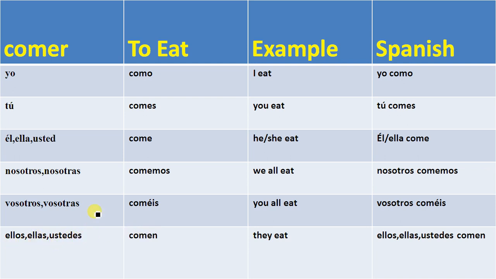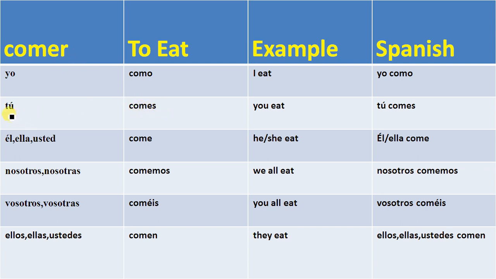Now, if you want to say I eat, how will you say? You know that I is yo in Spanish, and with yo, I always use the como form of comer. So I will say yo como. Yo como means I eat. Now you eat. You know that the comes form of the verb comer is always used with tú.